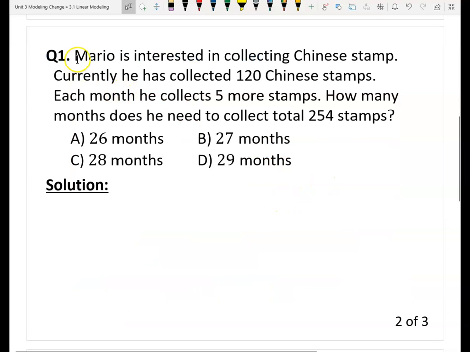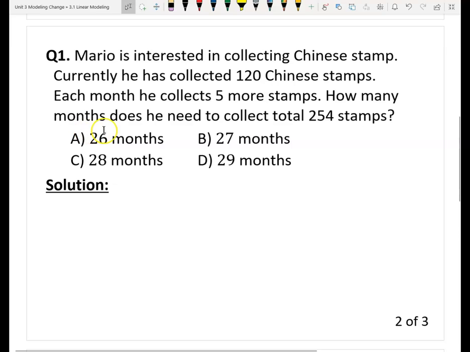Here is the first question. Mario is interested in collecting Chinese stamps. Currently, he has collected 120 Chinese stamps. Each month, he collects 5 more stamps. See, he collects the same number, which is a linear growth model, right?